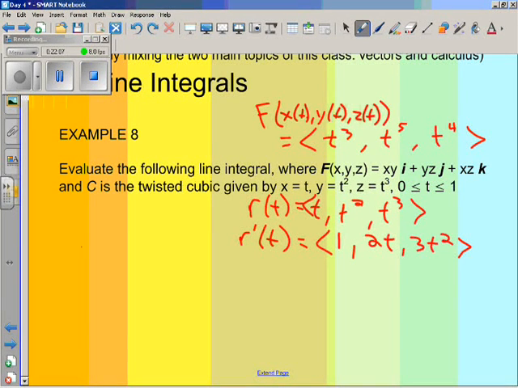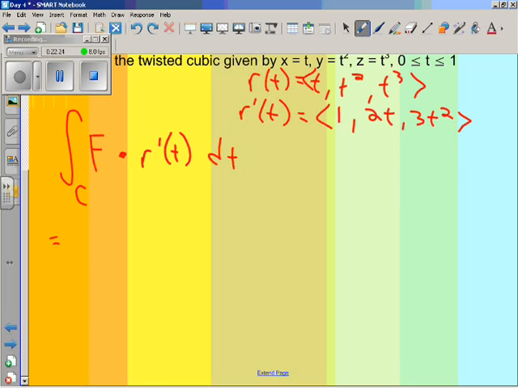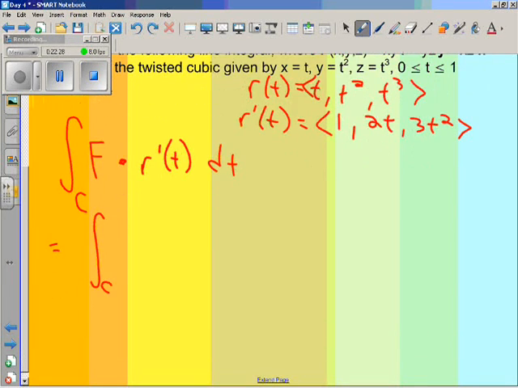Okay, and so our integral is going to look like, remember, f dotted with r prime of t dt. And so if we switch to integrating with respect to t, when we take this dot product, I'm just going to write that first.